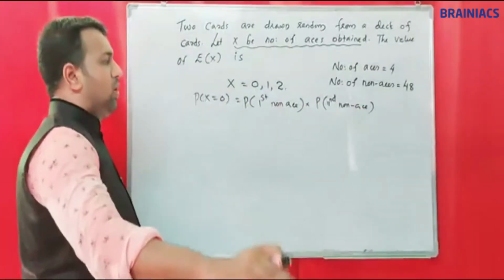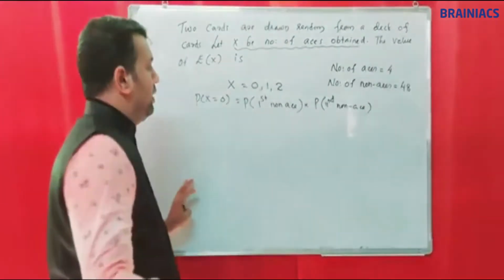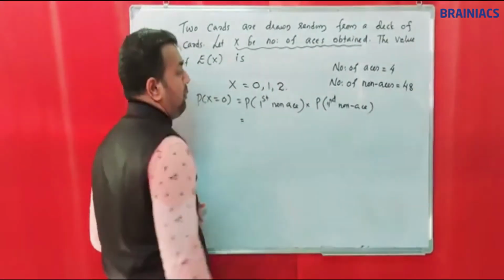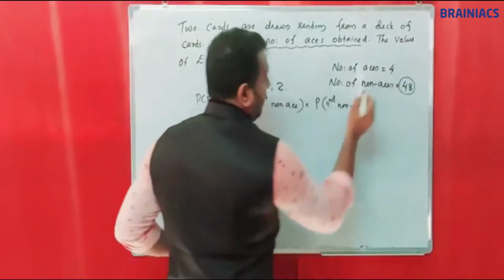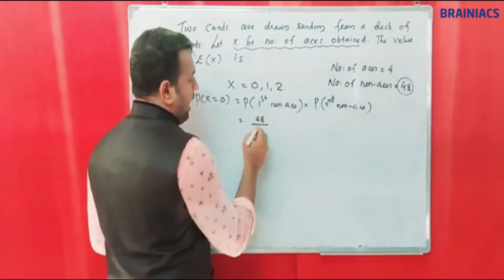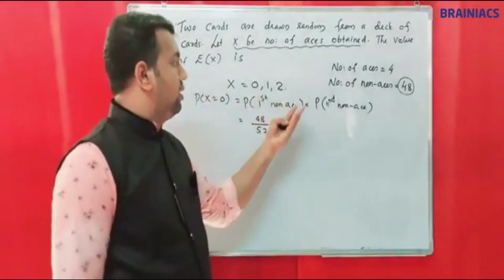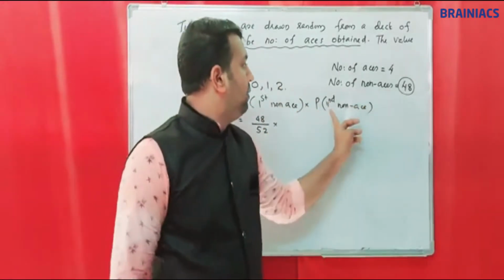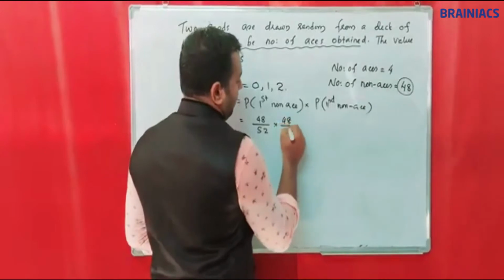So P of x is equal to 0 will be P of first non-ace into P of second non-ace. How many non-ace cards are there? 48. So the answer is 48 divided by 52, and again for the second non-ace card, 48 by 52.